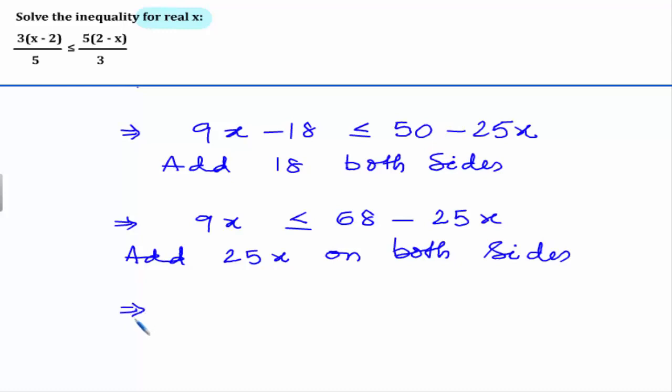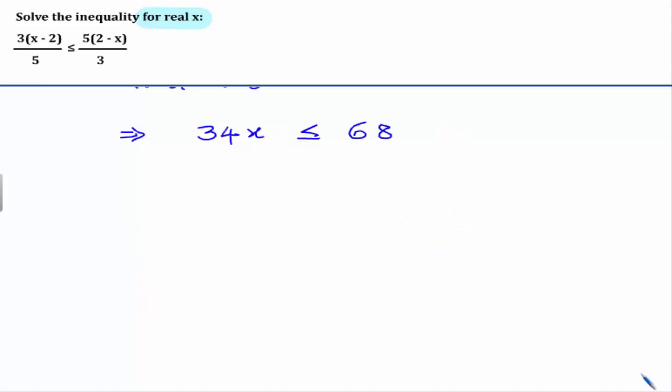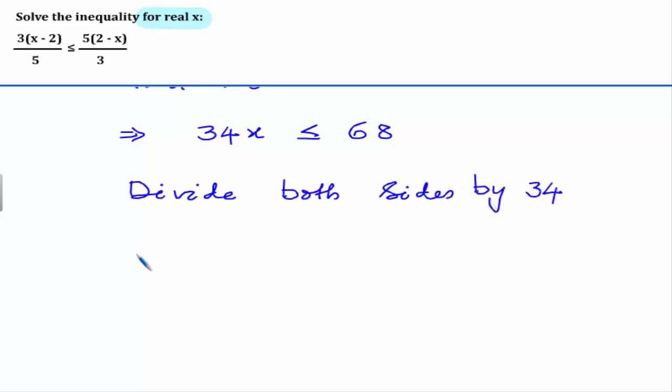So this will give us 34x less than or equal to 68. And now to get the value of x, let us divide both sides by 34. And we get x less than or equal to, here 68 by 34 will be 2.